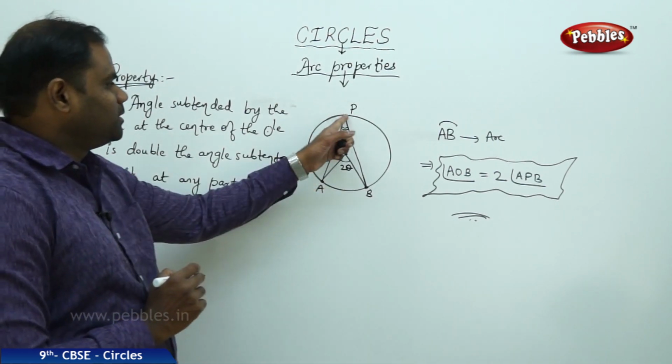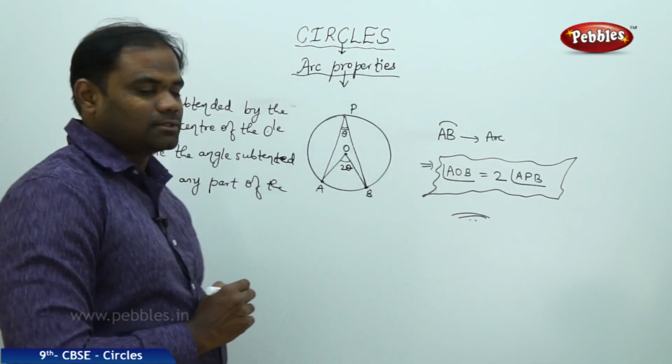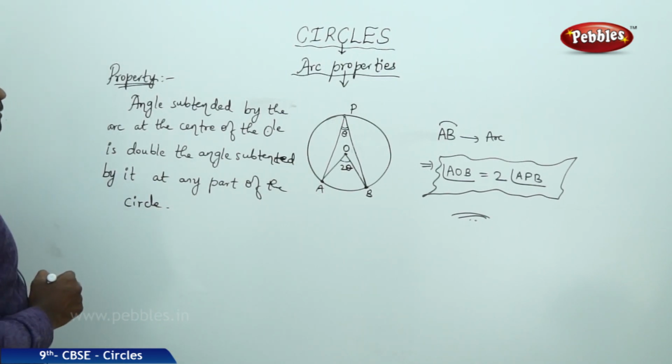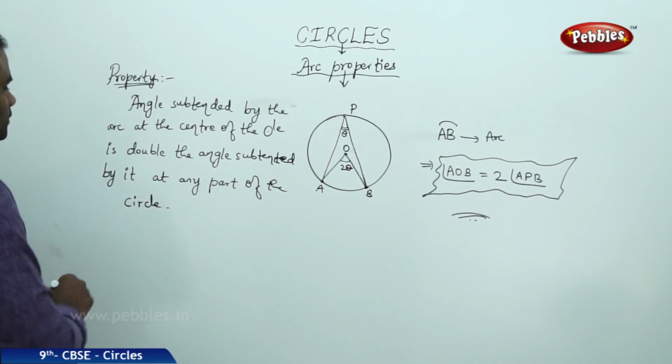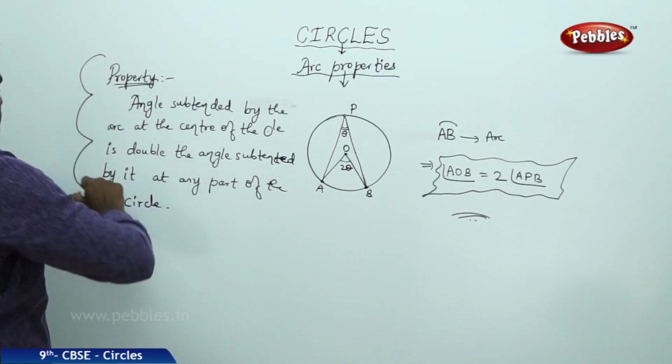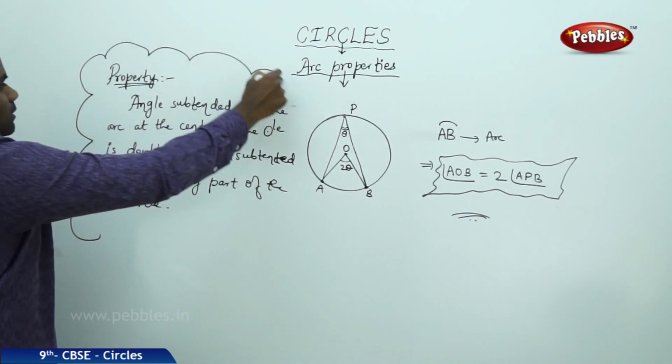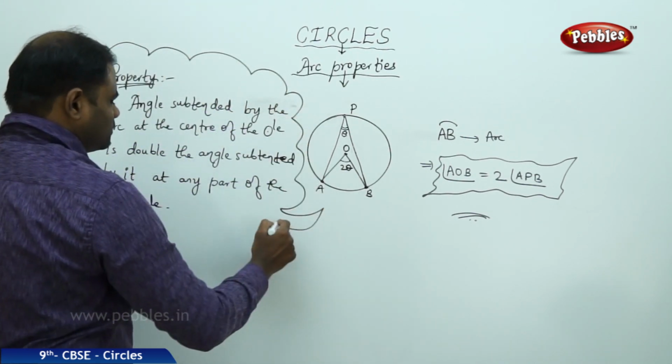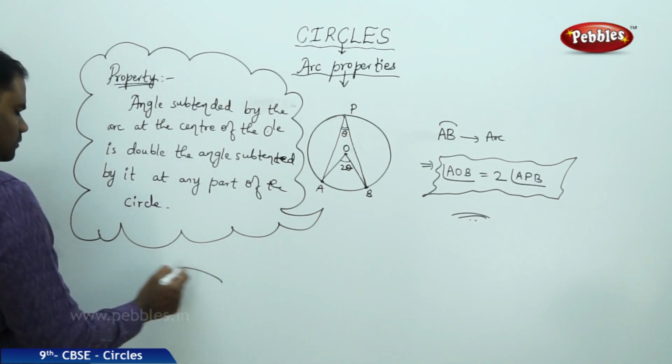So P is on any part of the circle. This is how we understand the double angle property of circles.